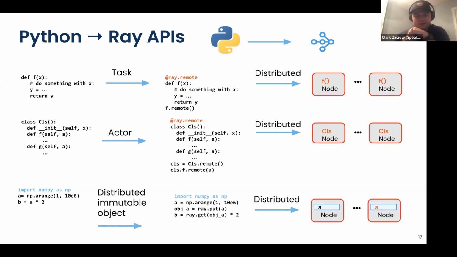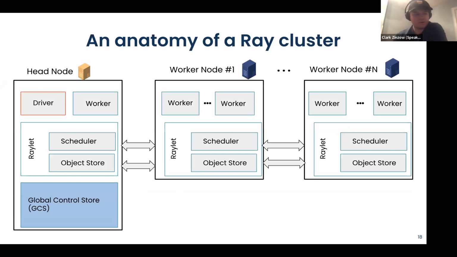The analog of that is this distributed object that cannot be mutated, but can be easily passed around between tasks. So you can add the object to the object store, you can fetch it, you can pass it into tasks, give it to actors, and then Ray will basically do all of the data transferring for you using Ray's distributed in-memory object store. So yeah, quick anatomy of a little Ray cluster.